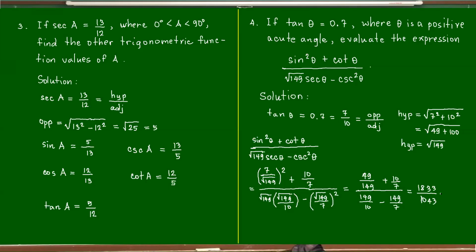When I divide, I multiply by the reciprocal of the denominator. 49 divided by 149 plus 10 divided by 7, I use a calculator, and that is equal to 1,800 over 1,043. The denominator is 149 divided by 10 minus 149 divided by 7.